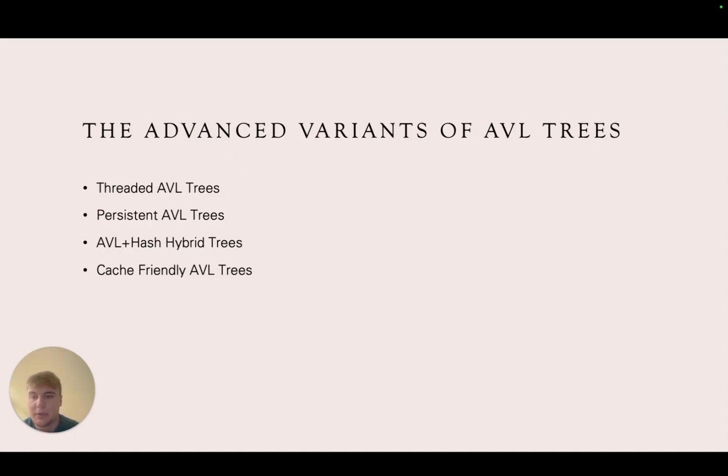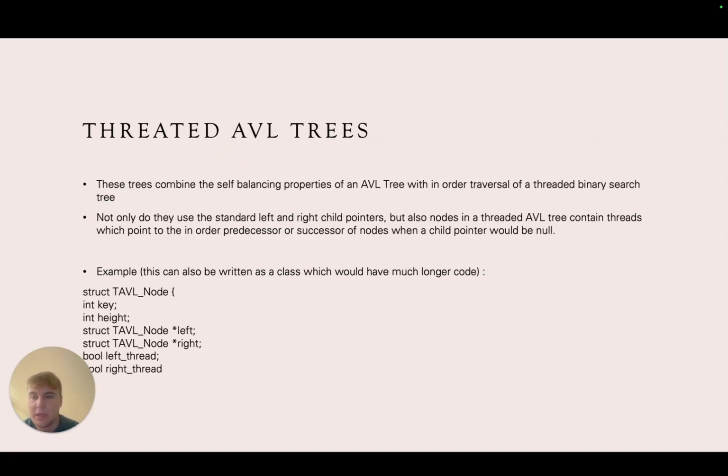So let's go with the threaded AVL tree first. These trees combine the self-balancing properties of an AVL tree with the in-order traversal of a threaded binary search tree. Not only do they use the standard left and right child pointers, but nodes in a threaded AVL tree also contain threads which point to the in-order predecessor or successor of nodes when a child pointer would be null.